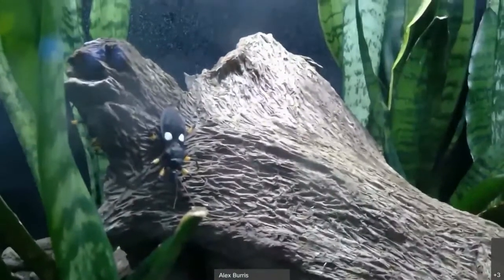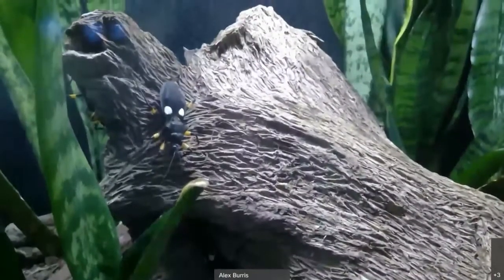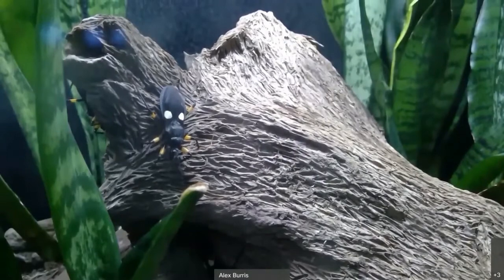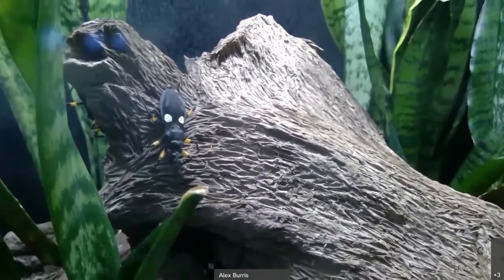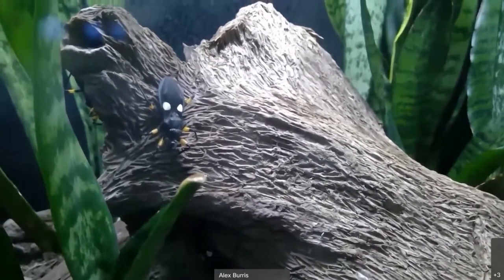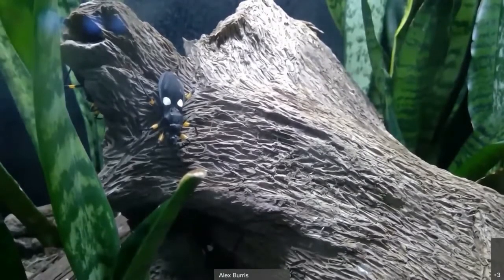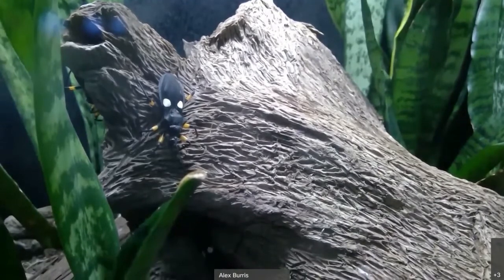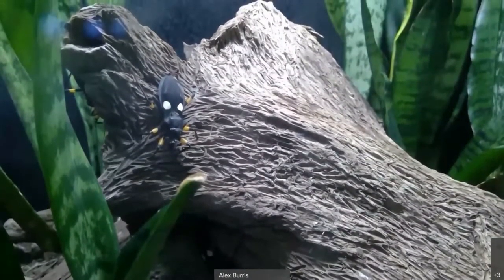Ooh, not ooh, these are assassin bugs. So these are pretty interesting insects. They actually have a really pointed nose, and instead of eating all of the body of the other insects that they eat, or sometimes they'll eat seeds, they actually just bore into them and kind of suck the juice out of it.